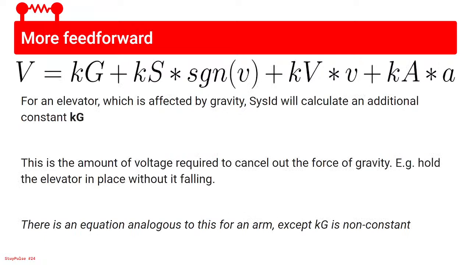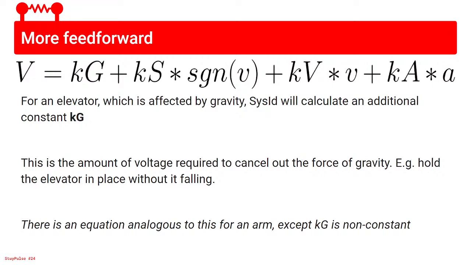There's another feed-forward equation, which, if you look at it, is the same thing except for one term, kg. So for a system that's affected by gravity, it's useful to know the amount of voltage that will cancel out the force of gravity.